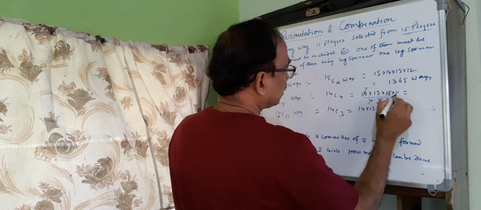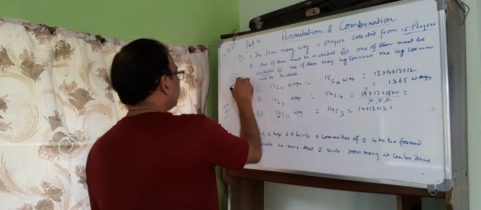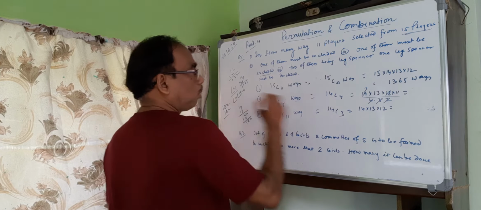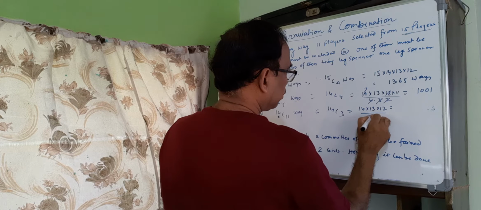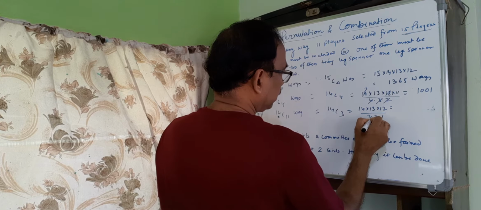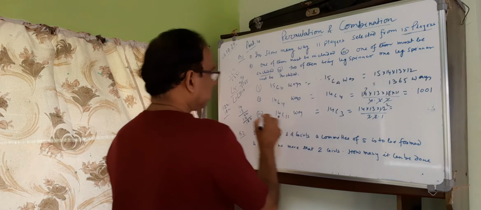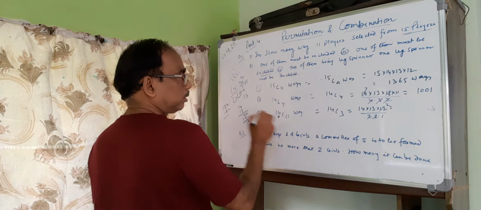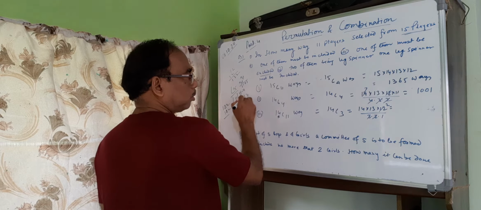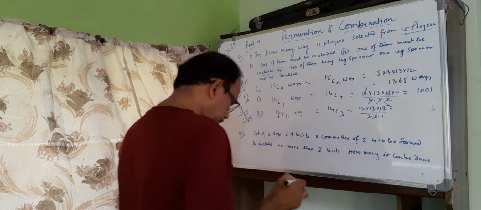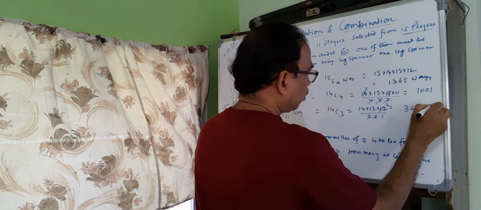Then 91 and this is 3 into 2 into 1. 3 twos are 6. 14 into 26 is 364. 364 ways.